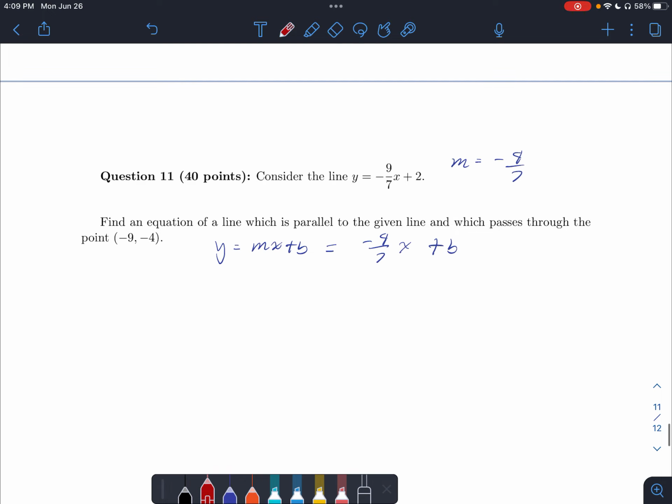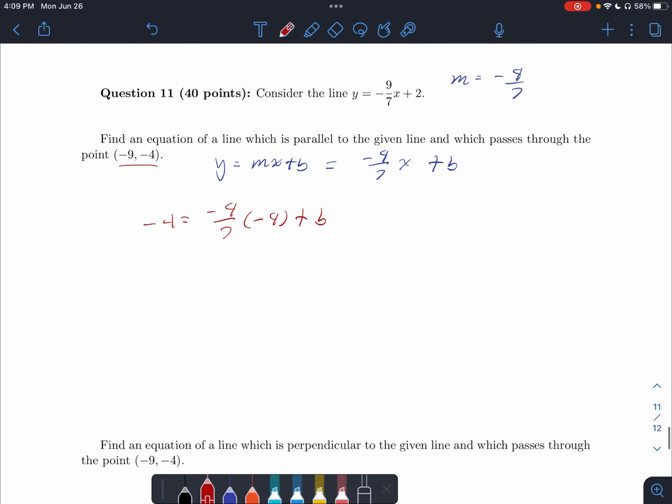Okay, so all we have to do is plug in the values of this point here to find out what b is going to be, and we'll have the equation for our line. So y equals negative 9 over 7x plus b will give us negative 4 is equal to negative 9 over 7 times negative 9 plus b.